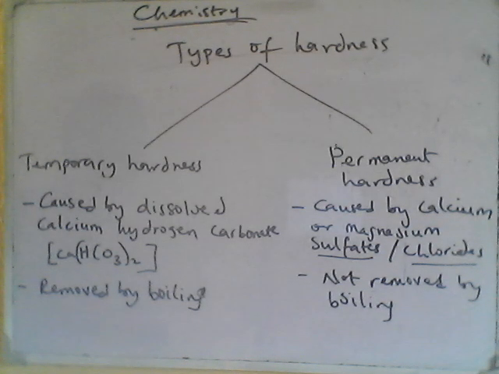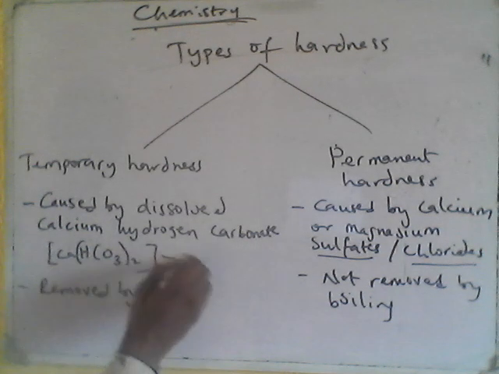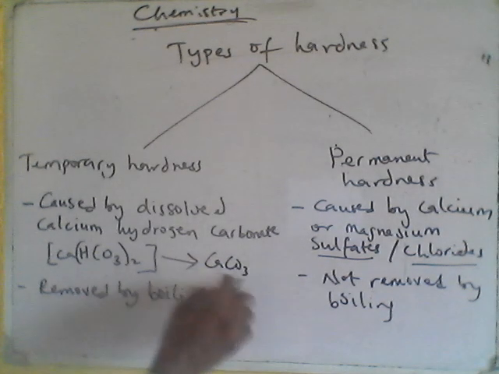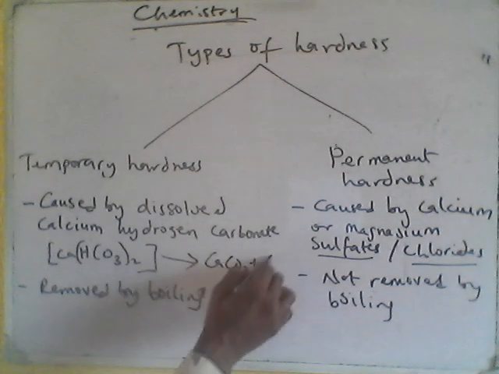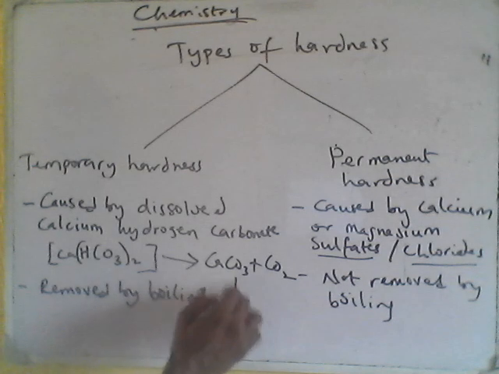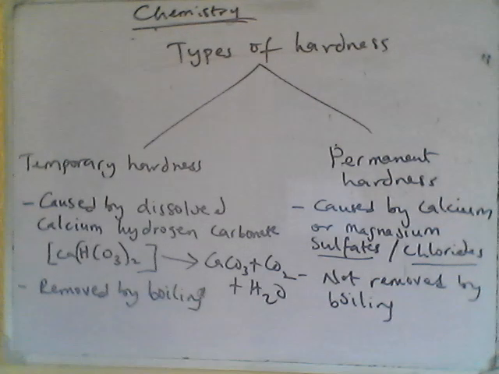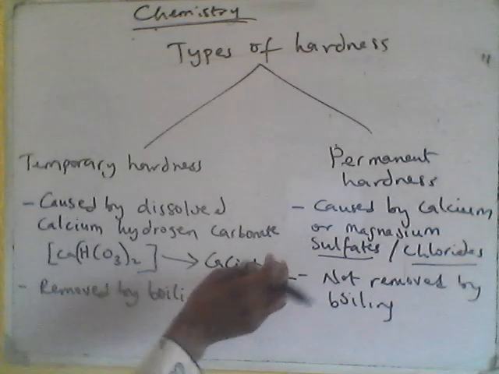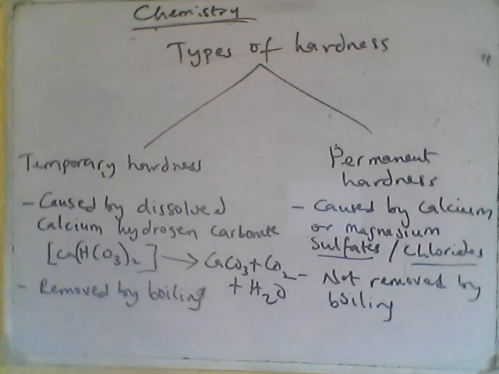You remove temporary hardness by boiling water, and by the time you do it, you decompose this compound into a precipitate and a gas that comes out. Then the water will remain. Understand? So this one will become precipitate, which can be filtered out. This one is a gas that comes out, while this one will remain.